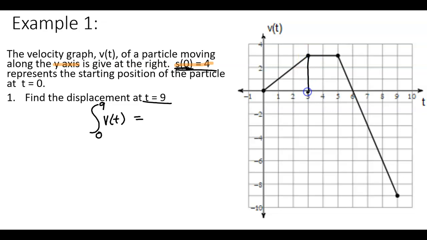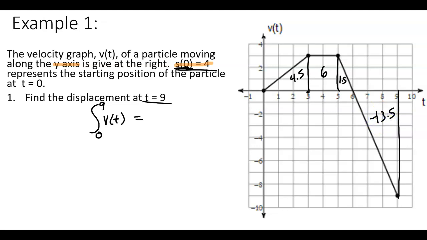So I've got a triangle here, and a triangle here. So let's go ahead and calculate all these. So this is 4.5. This is 6. This is 1.5. And this one is 9 times 3 is 27, cut in half is 13.5, but it's negative because it's below the x-axis.